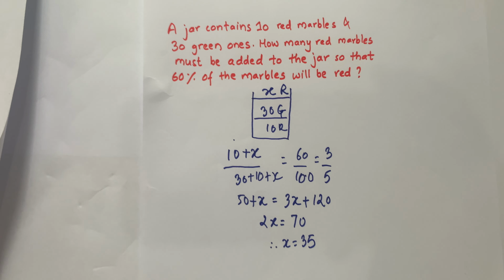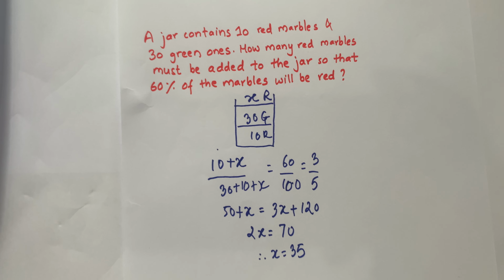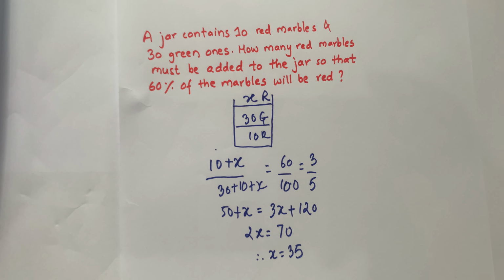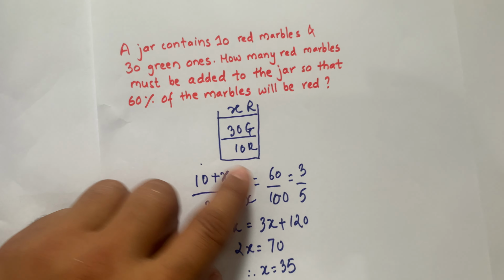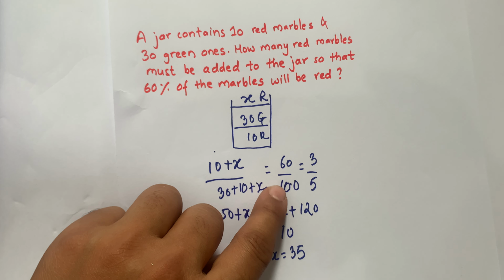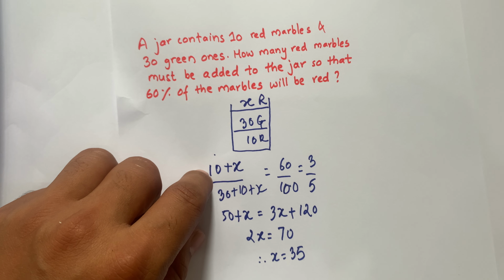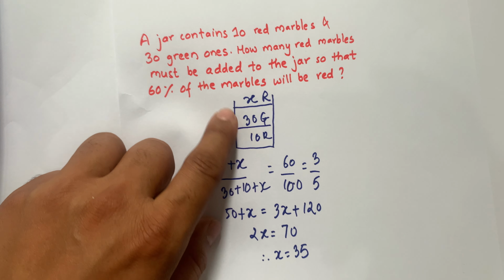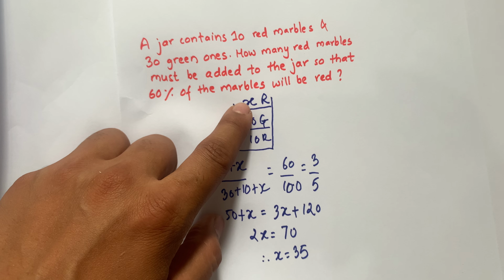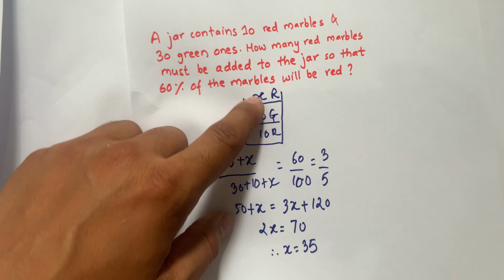Here we have a question: a jar contains 10 red marbles and 30 green ones. How many red marbles must be added to the jar so that 60% of the marbles will be red? 60 by 100 means 3 by 5. The question is about red. Red means there are already 10, and how many red marbles must be put? 10 plus x, and the total will be 40 plus x.